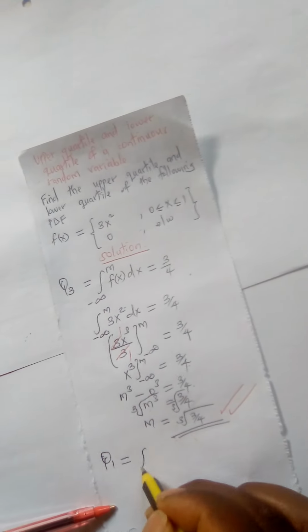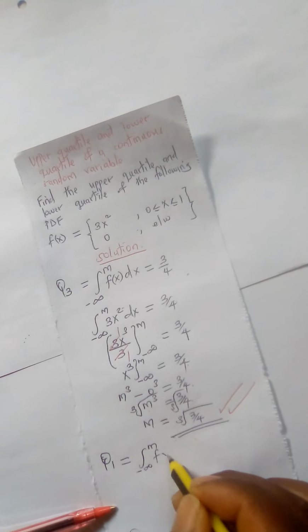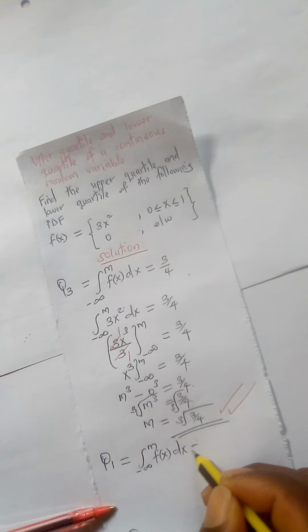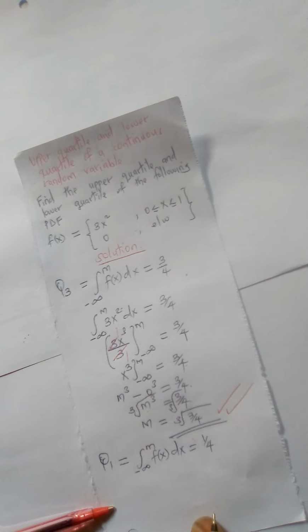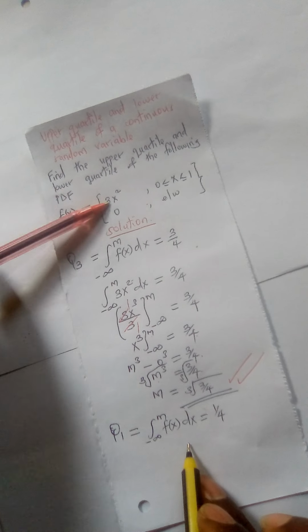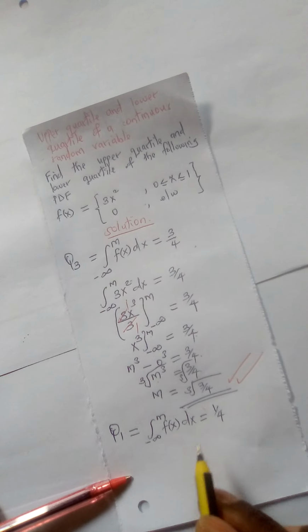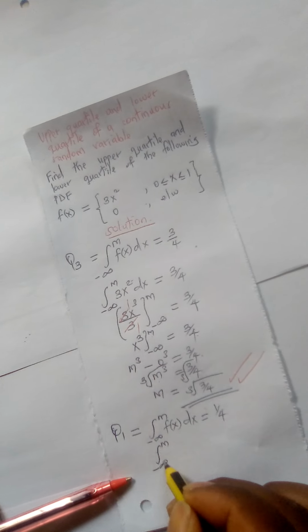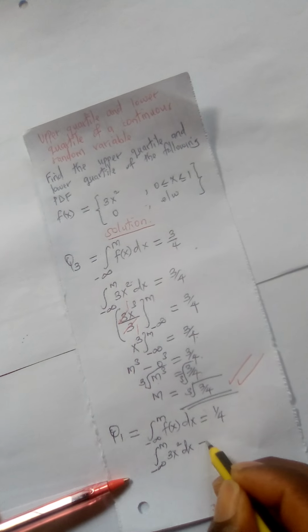So the formula we shall be having now is that the integral from negative infinity to m of f(x) dx is equal to 1/4. Now after that you just write the function, and remember the function is just the same here. That's the function we are using, so that is the integral from negative infinity to m of 3x squared dx, equal to 1 out of 4.